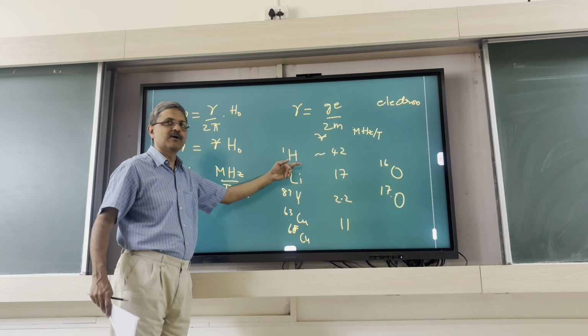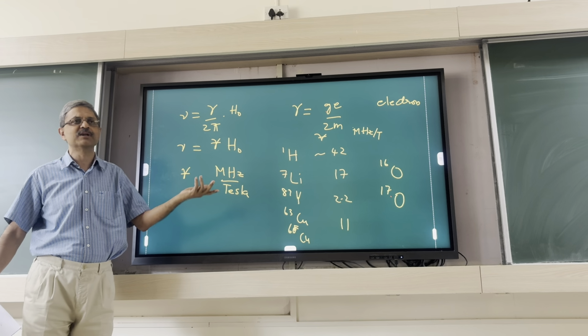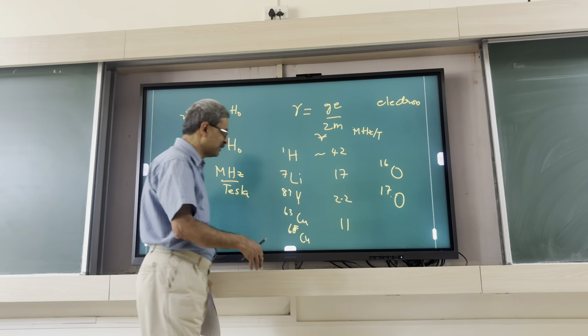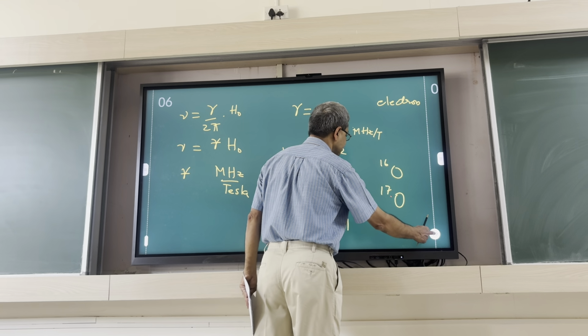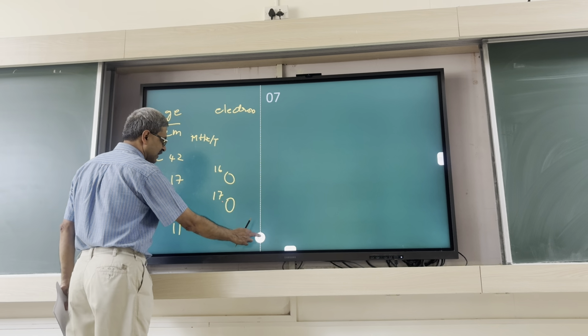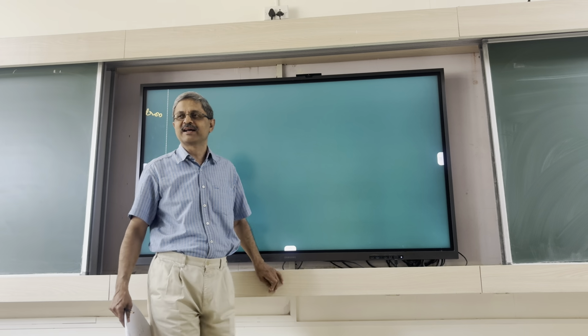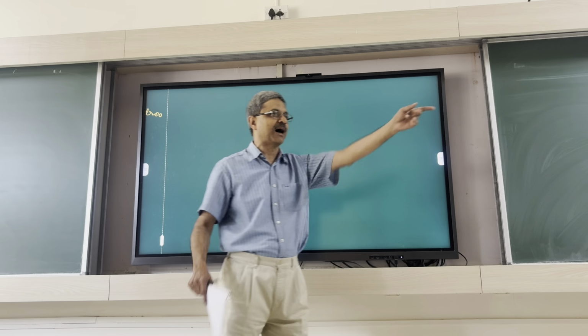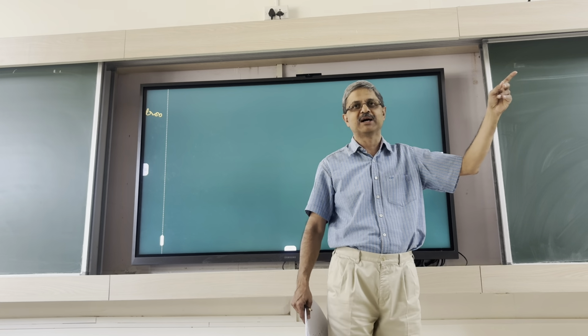So proton, all chemists use proton NMR. Maybe a bit of a digression. Proton is about 42 megahertz per Tesla. Physicists think of magnetic field in terms of Tesla. You'll say, I have a 9.4 Tesla magnet.